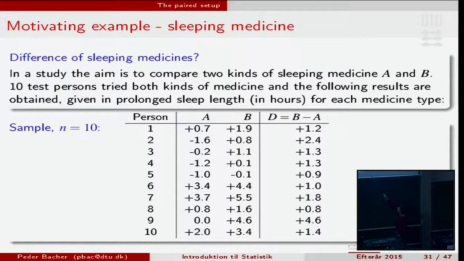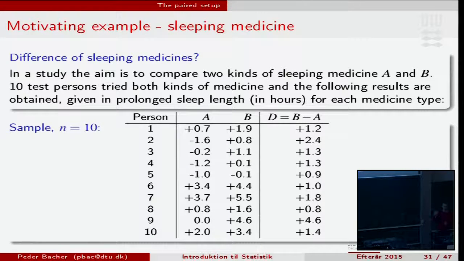However, if we can do the paired setup, then we remove all this variation from height and weight, because for each person we get the difference, and then we only use the difference in the test. And once we have this, it's just a single t-test that we need to do to conclude whether the mean of these values is different from 0. So that's a paired setup.